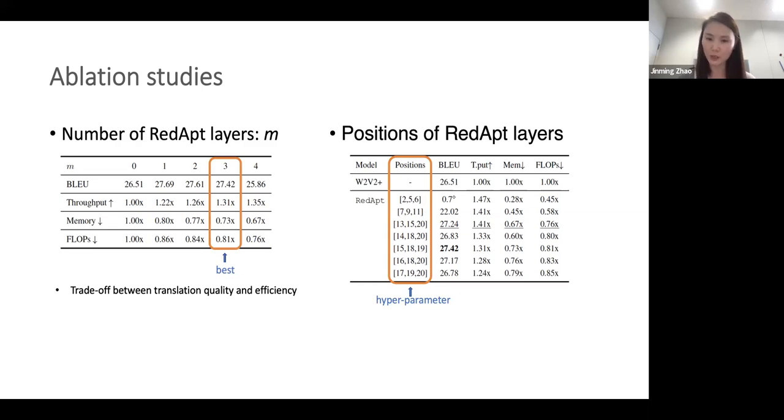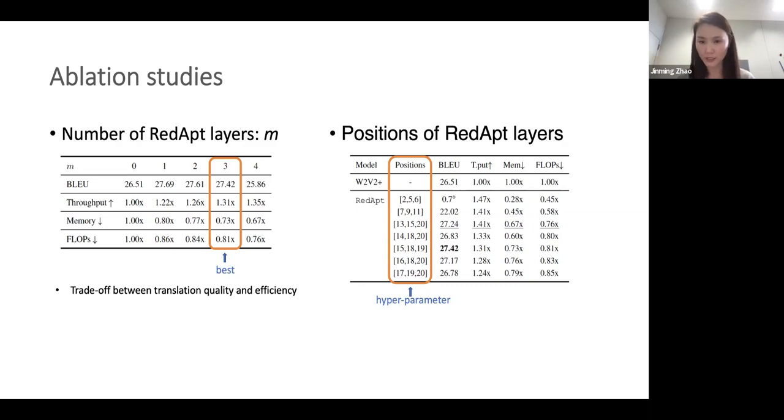Although this is a hyperparameter, we didn't just choose them randomly. Initially, we segment transformer layers of wav2vec tool into different buckets. Then for each bucket, we try different configurations. Gradually, we shift our focus to the upper panel of wav2vec tool.